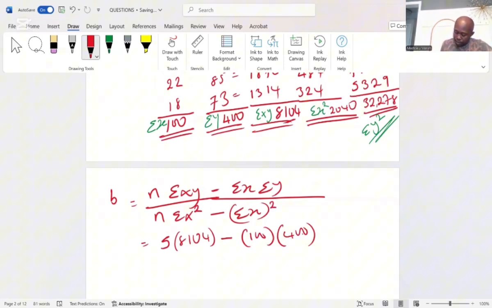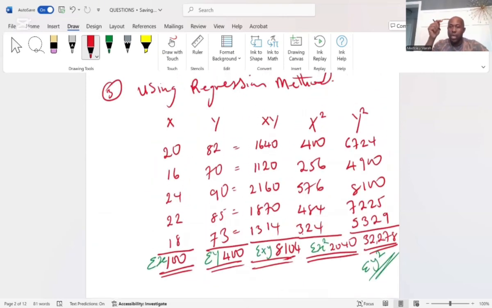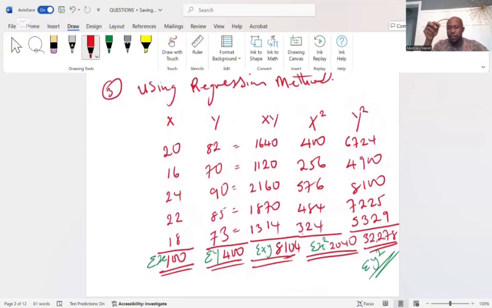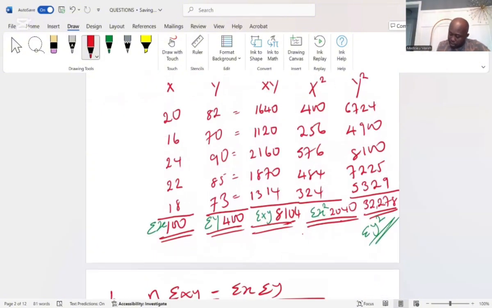Here's the formula. And in the denominator, n again is 5, times sum of x square. Look, we have x square here. Sum of x square is how much? 2040. See that? Sum of x square is 2040.